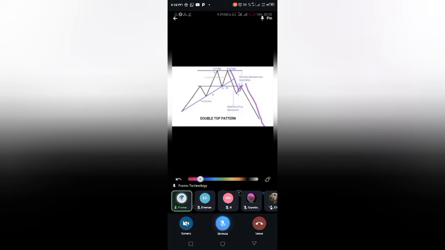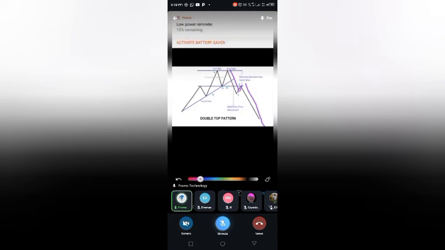Some fake breakouts can break out and the retracement can even go back here, and can even form what we call a triple top, which we will discuss later, or it will continue the uptrend. So wait for a breakout, then wait for the retracement before you consider that this is an opportunity for me to enter the market.